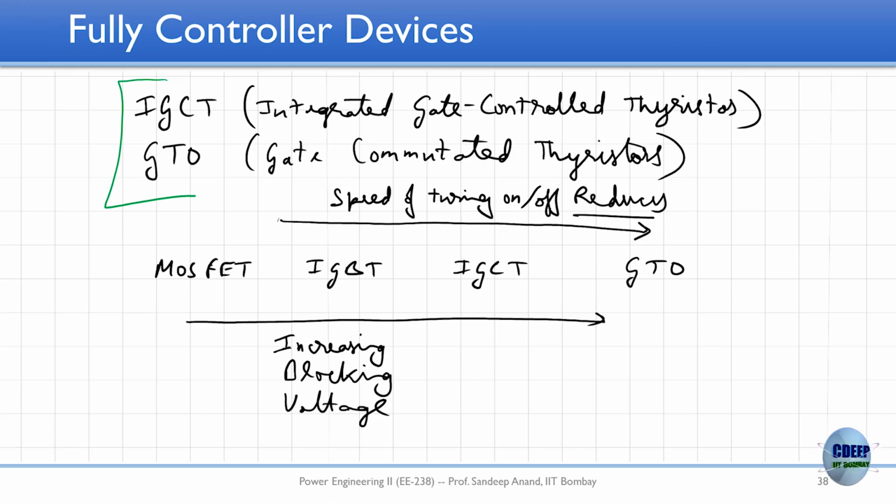Starting from the MOSFET, which handles the lowest blocking voltage among these four, followed by IGBT, followed by IGCT, followed by GTOs, this was the increasing order of voltage handling.